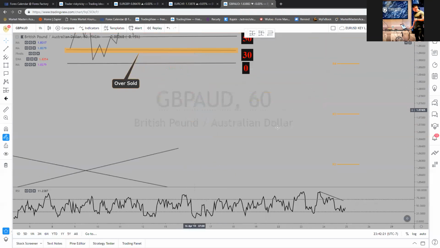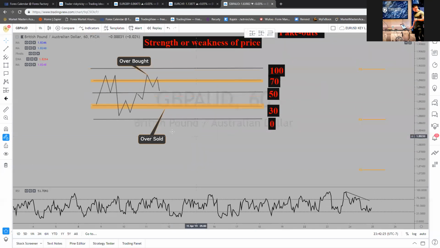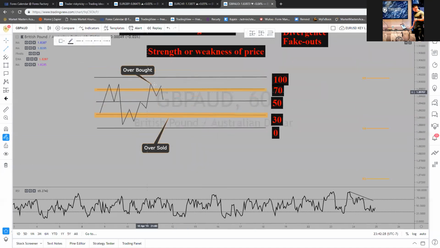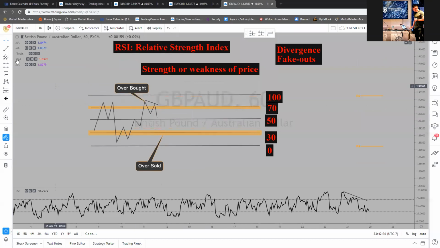So what I look for in divergence is pretty much this. When price is above the 70, I'm always looking for these slants going down. So when it's going up like this, I'm looking for that slant going down.